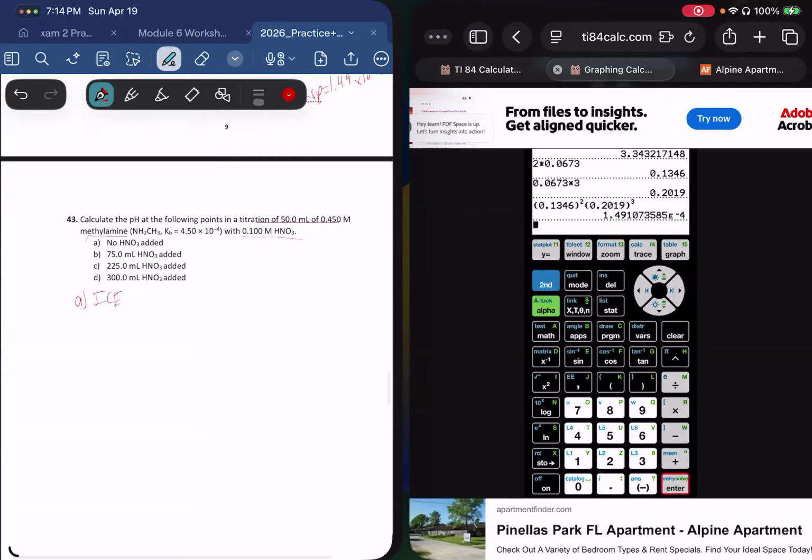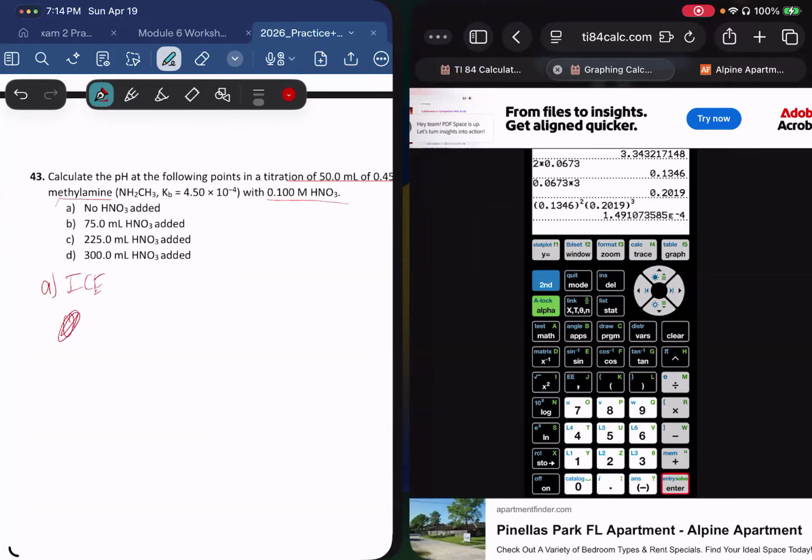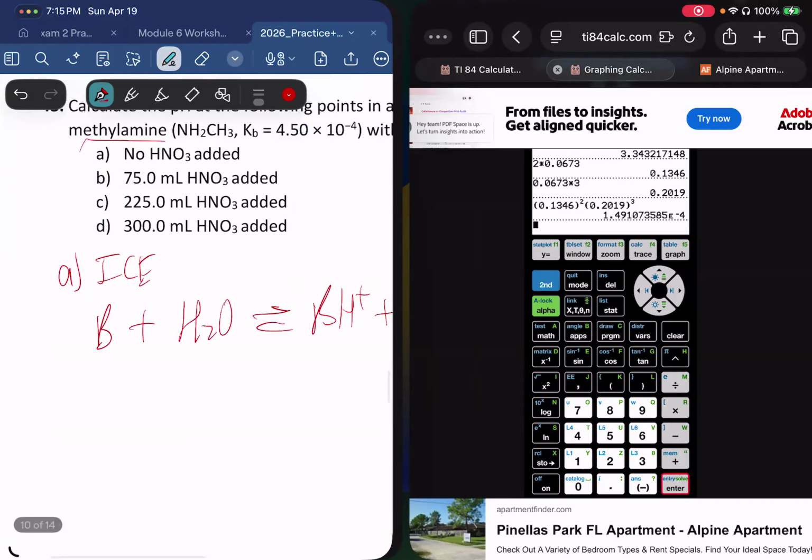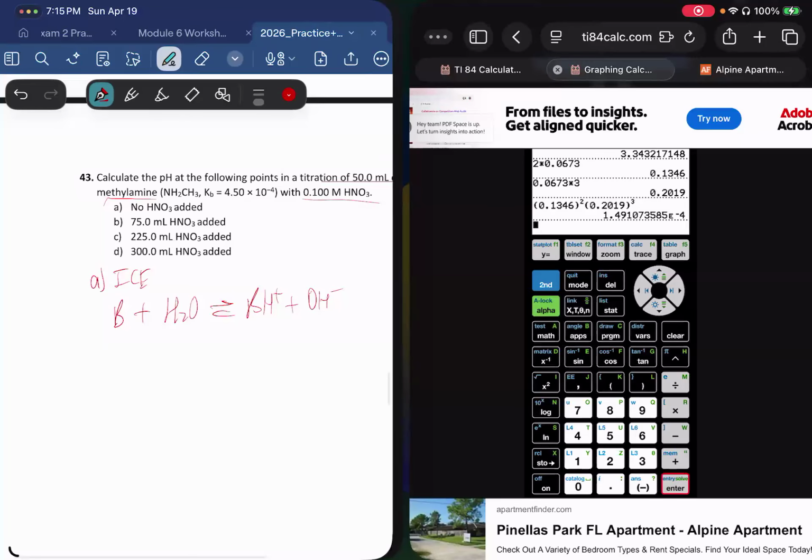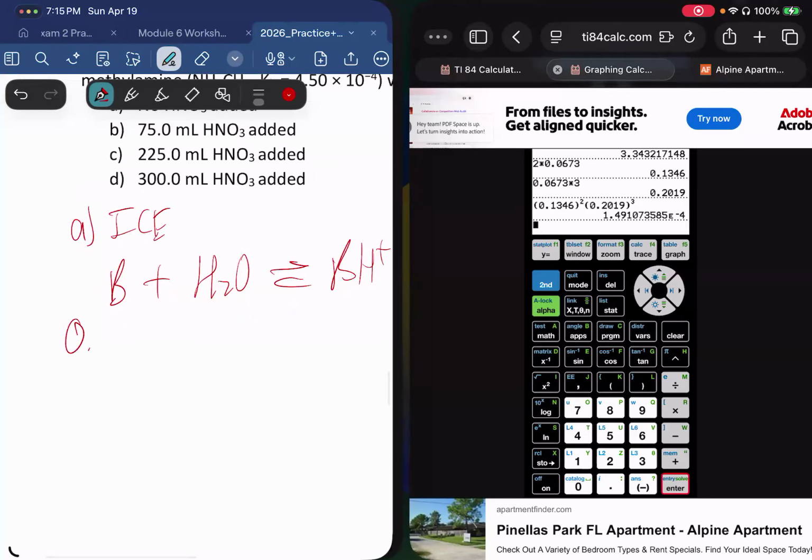So we have this base, I'm going to just write it like that, plus water is going to make BH+ and OH-, right? So we can figure out the hydroxide concentration. We've done this kind of question before.